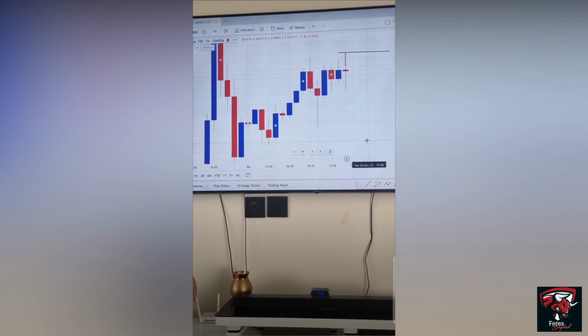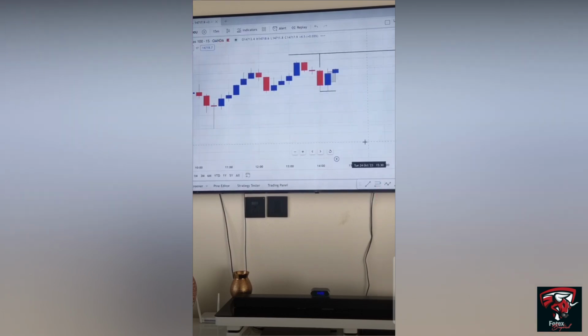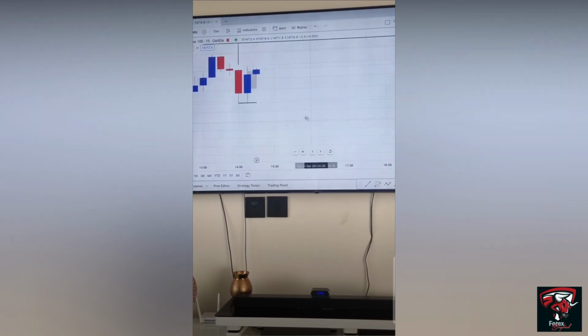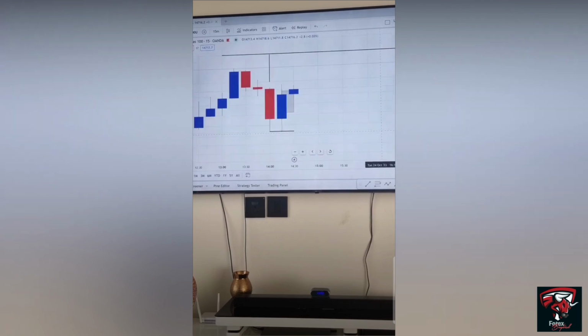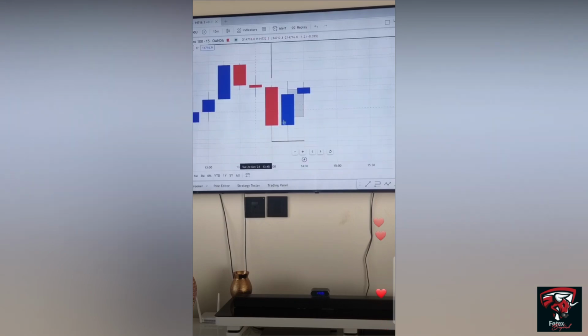I said, that's a point of entry. I'm going to use a lower time frame to get involved on that point. There we go. I'm looking for price to take this high.